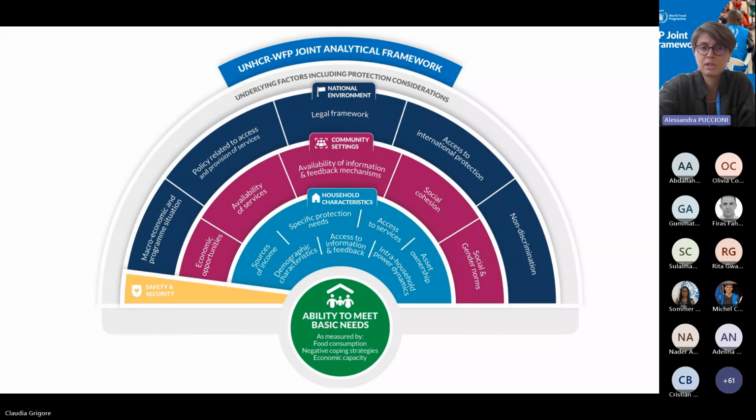For example, safety and security, the yellow one, needs to be assessed at all the 3 different levels I've just mentioned. But there are other variables that can be covered, for example, only at household or community level, according to the impact that they have on the capacity of displaced population to cover their basic needs.